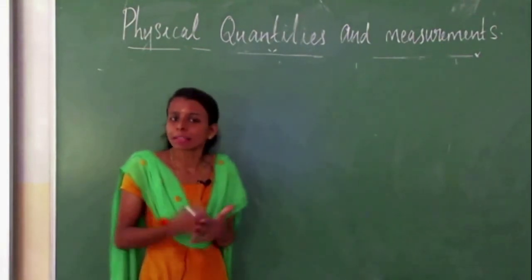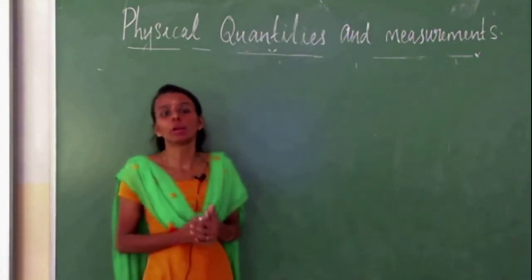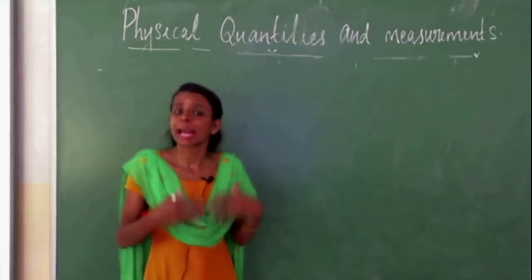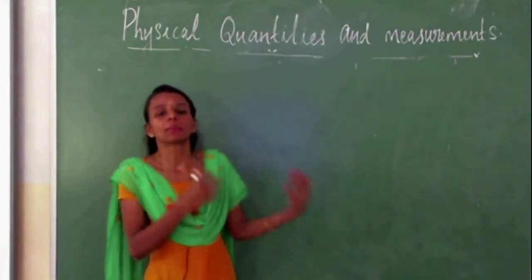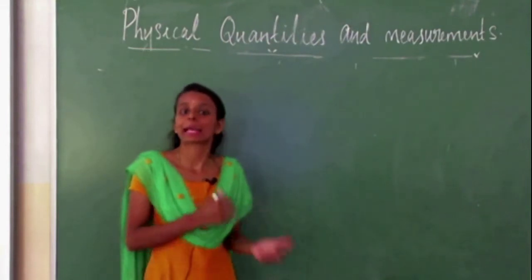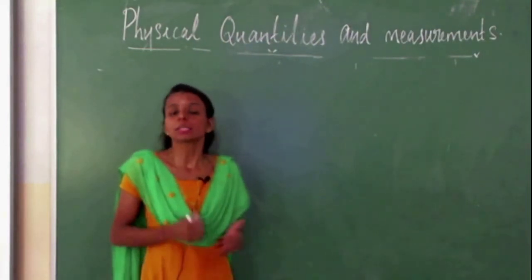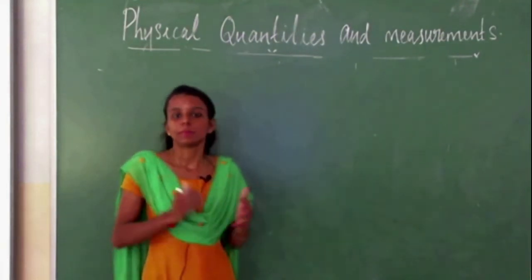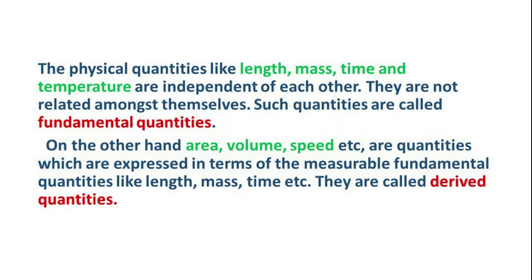But some other physical quantities like area and volume are known as derived physical quantities, because these are expressed by using the measurable physical quantities like length, mass, time and temperature. Therefore, this type of quantities are known as derived quantities. The physical quantities like length, mass, time and temperature are independent of each other.